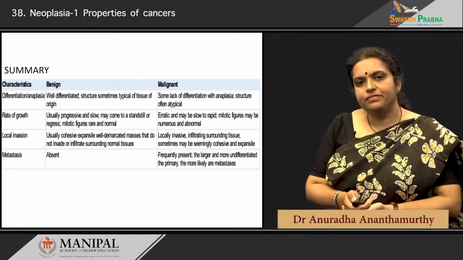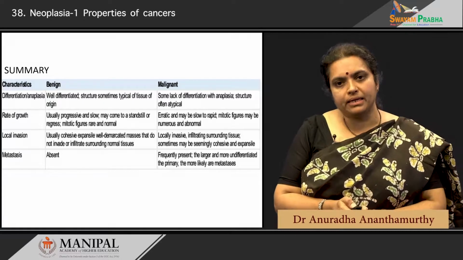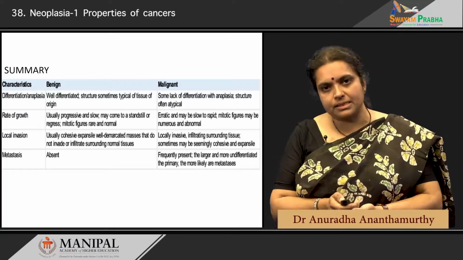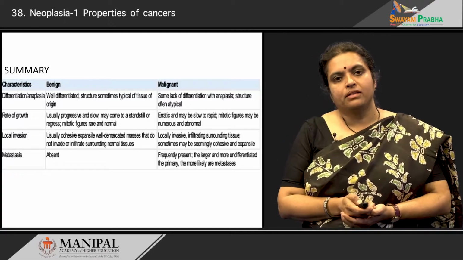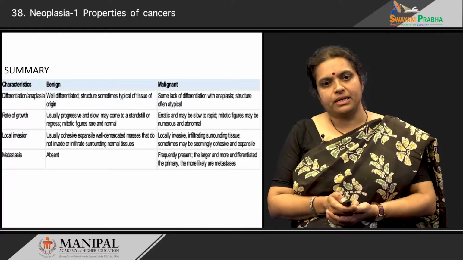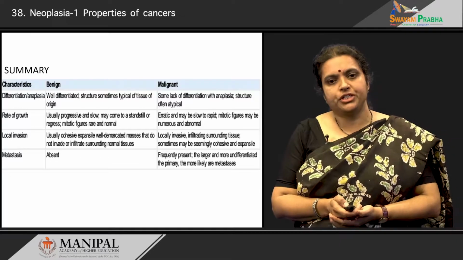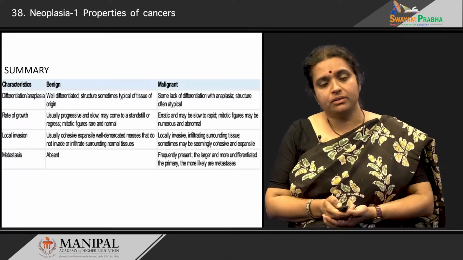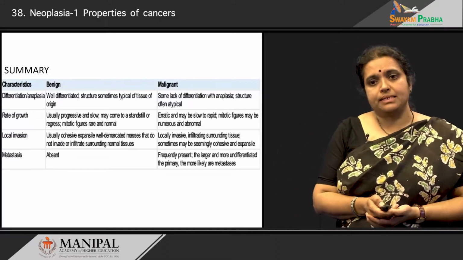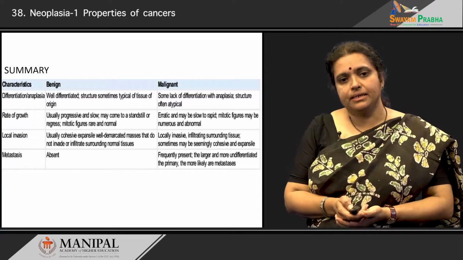Right. So, if we have to summarize the characteristics between benign and malignant neoplasms, the characteristics that we have discussed so far, first and foremost, differentiation in neoplasia. A benign tumor is extremely well differentiated, resembles the typical tissue of origin, whereas a malignant neoplasm lacks differentiation and is often anaplastic.